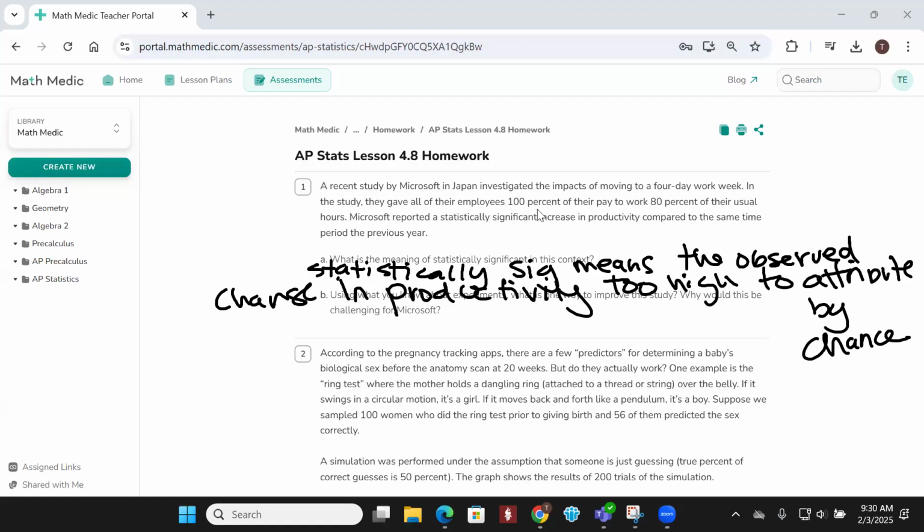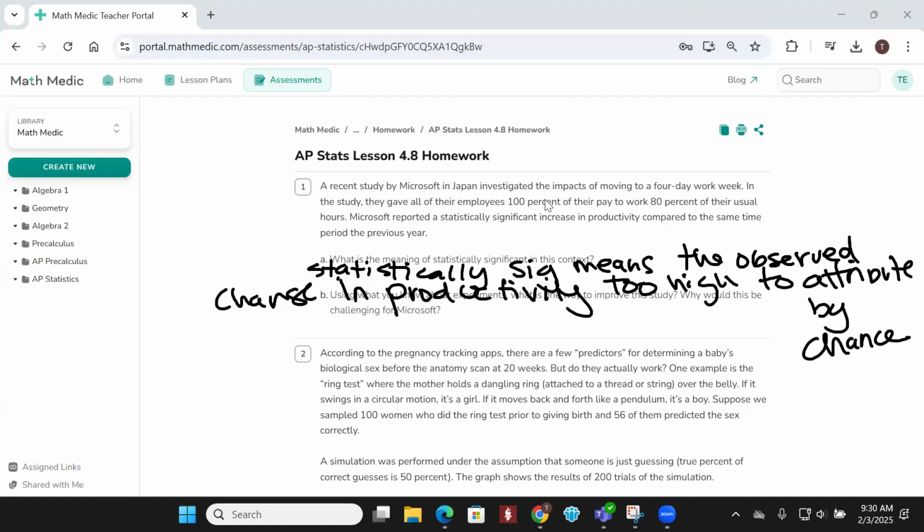So did it happen purely by chance or was there something that influenced it? Right. So something has influenced it to make this data significant enough where it has not happened purely by chance. Okay? Just say that.